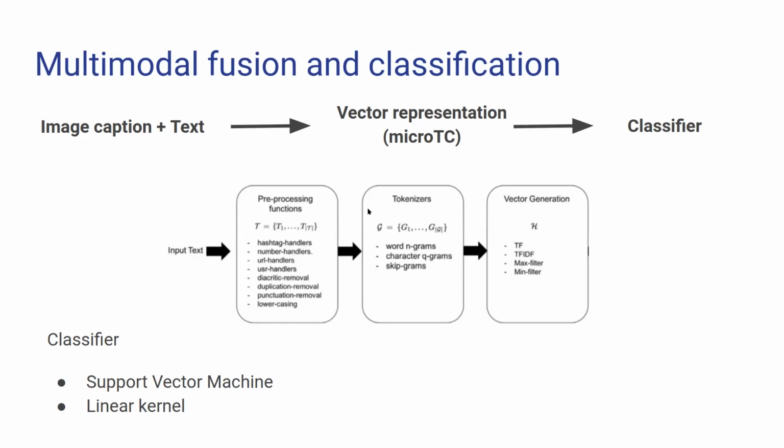It consists of constructing a matrix which is very similar to the bag of words, which consists of the frequency of the words in the text, but we made some preprocessing operations on the text, which can be, for example, lower casing of the data, or removing the hashtags or the numbers of the text, etc. So by means of an optimization algorithm, we find an optimal representation of the text.